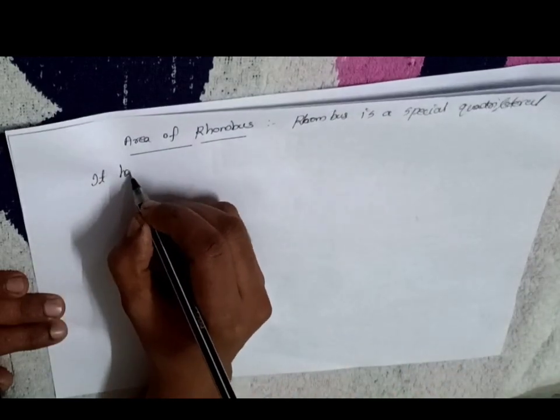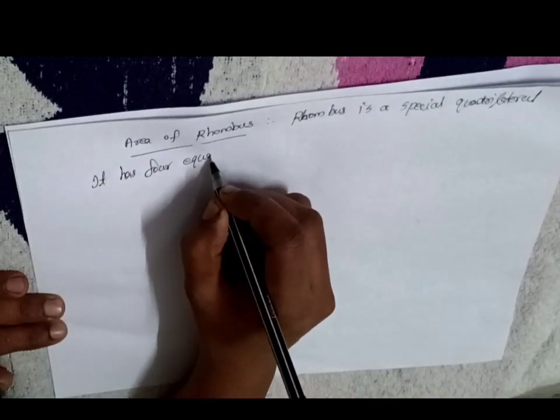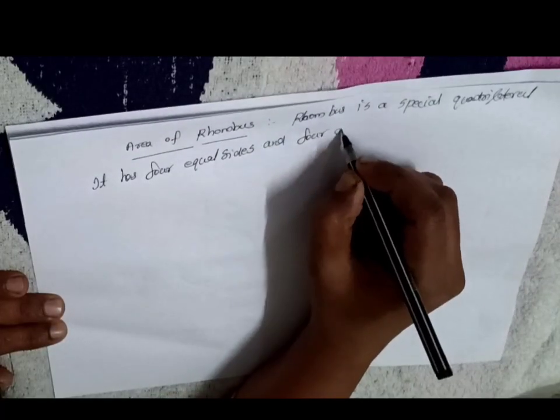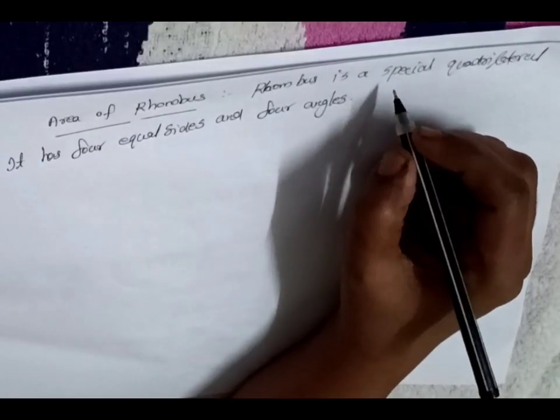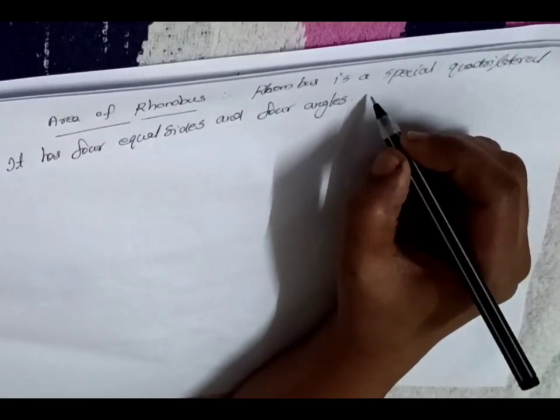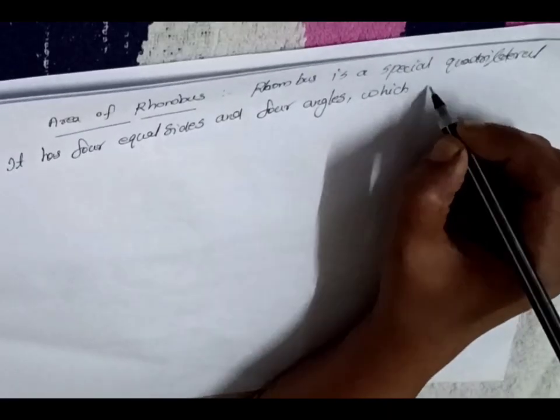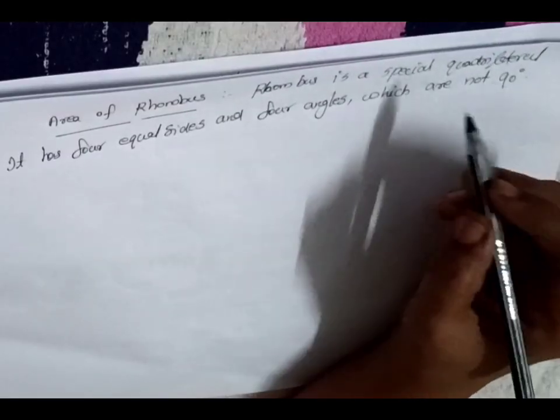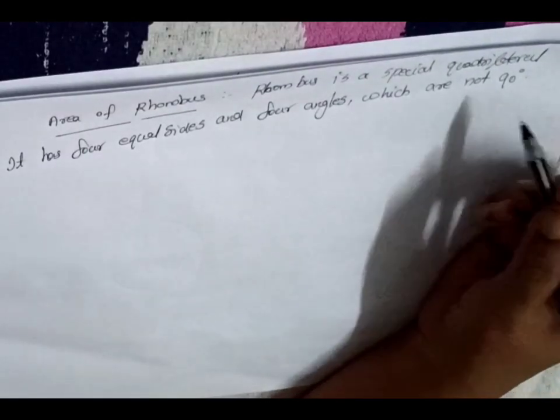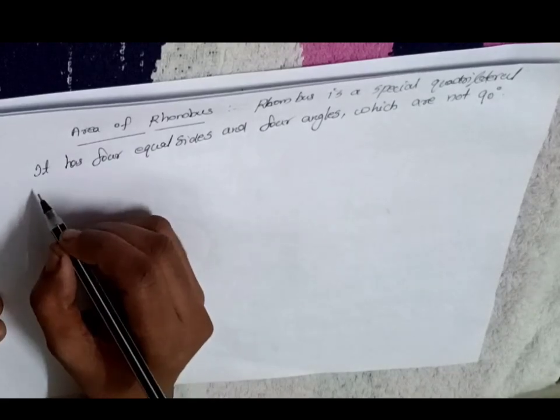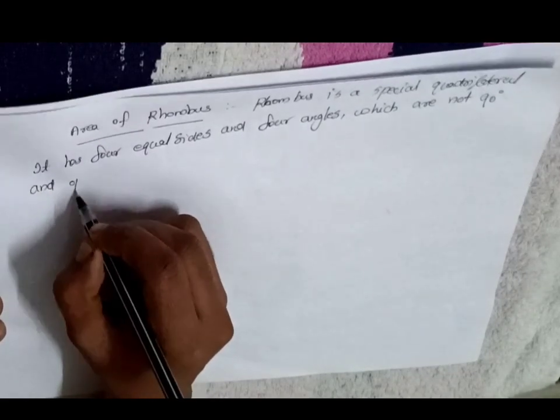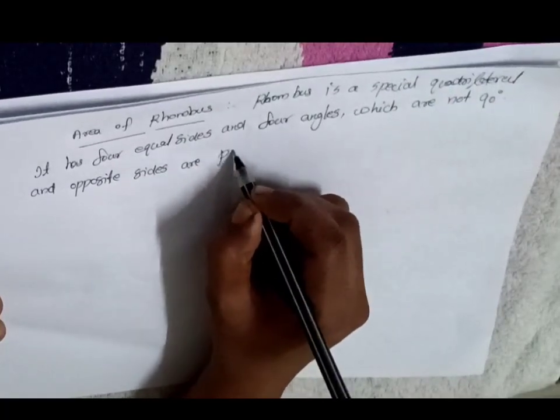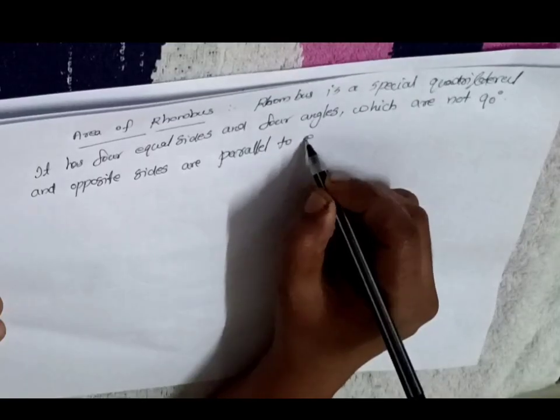It has 4 equal sides and 4 angles which are not 90 degrees. If they are 90 degrees, the quadrilateral will become a square. And opposite sides are parallel to each other.